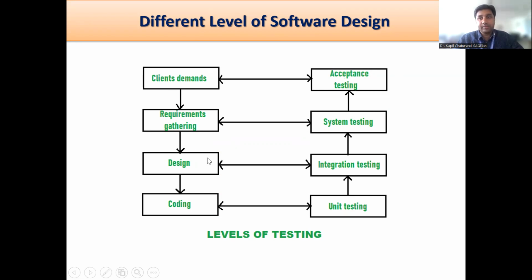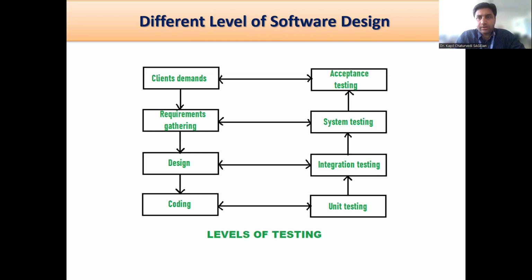Then we design. It means in this phase we will develop ER diagram, DFD, Gantt chart, flow chart, different kinds of diagrams, and also we will decide which model we will use to develop that software, like waterfall model, component-based software development model, spiral model, prototyping model.